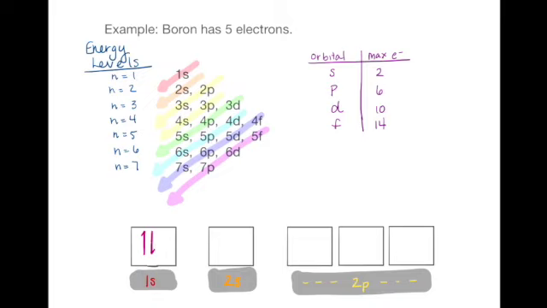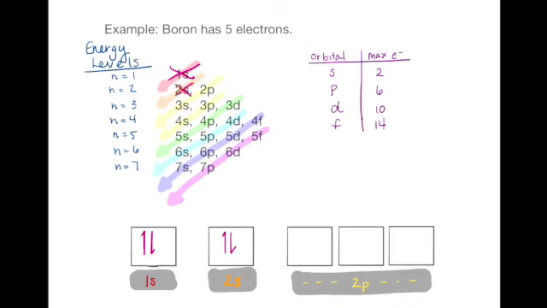Now we have 2 electrons, but boron has 5, so the 1s is already filled up. We have to go to the next one, which is 2s. For 2s, we have one spinning upwards and one spinning downwards. Okay, so that one's now filled.